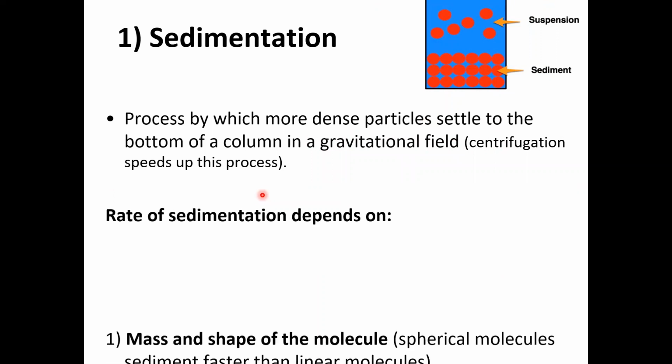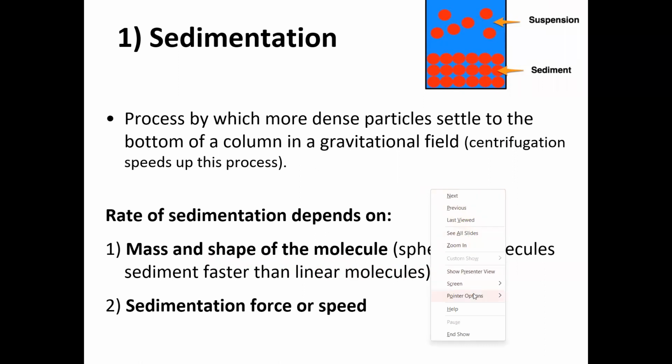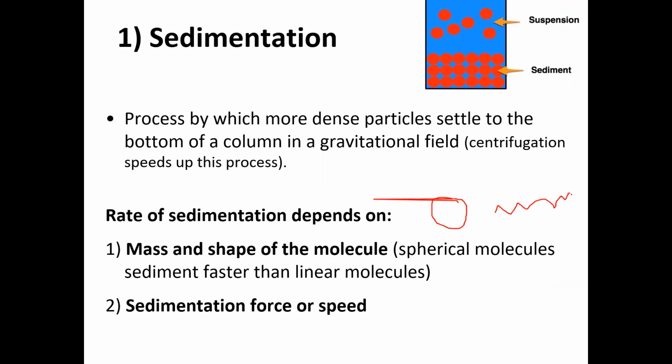Now, the rate of sedimentation depends on the mass and the shape of the molecule and on the sedimentation force or speed. And here, guys, very important, the shape of the molecule. For example, let me draw this for you guys. If we have a molecule that is spherical, ball-shaped, versus a molecule that is linear, maybe it's DNA, then the spherical molecule will sediment faster than a linear molecule.